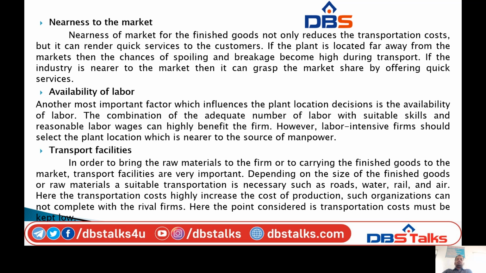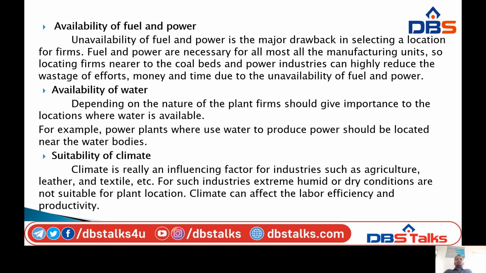Okay, then availability of fuel and power. Unavailability of power and fuel is a major drawback in selecting the plant location. Without power, we can't perform any operations on any machinery. Nowadays, we are not only depending on the grid power, we are making solar power supplies or backups.